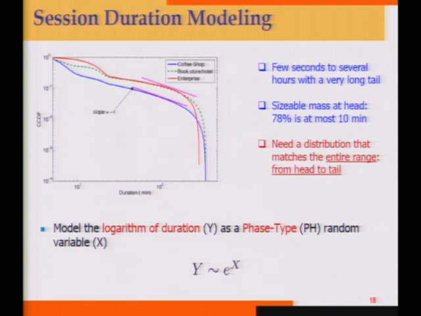So, as I said before, we need a distribution that fits not only the head but also the tail. We use the phase type distribution for modeling the duration, which says that if you take the logarithm of y, the duration, it is a linear function of the phase type random variable x. So y would be distributed as e raised to x.